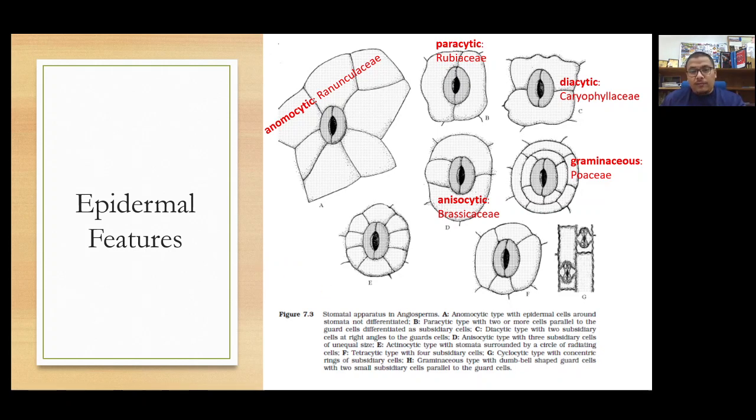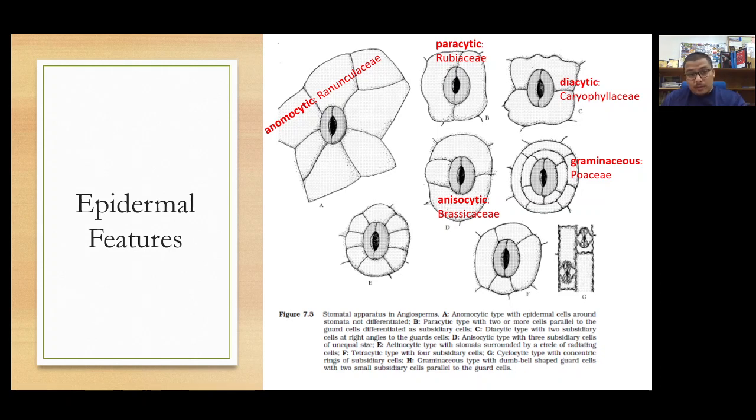So closely related families like Acanthaceae and Scrofulariaceae can be distinguished by the presence of diacytic and anomocytic stomata. The Acanthaceae is diacytic, and Scrofulariaceae has anomocytic stomata.